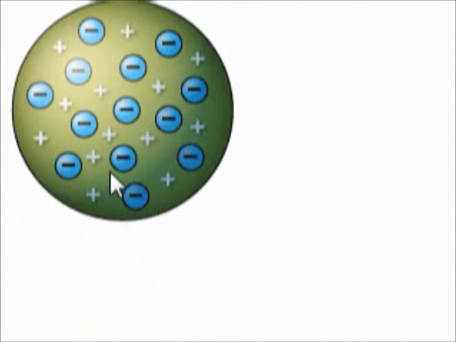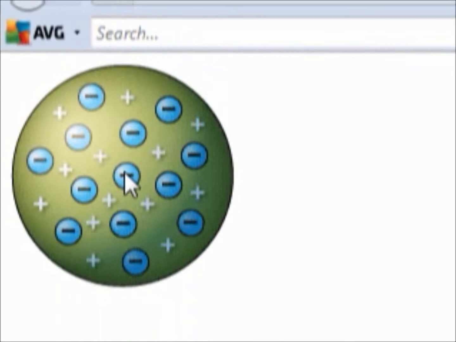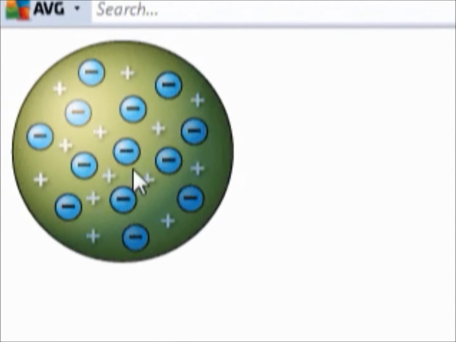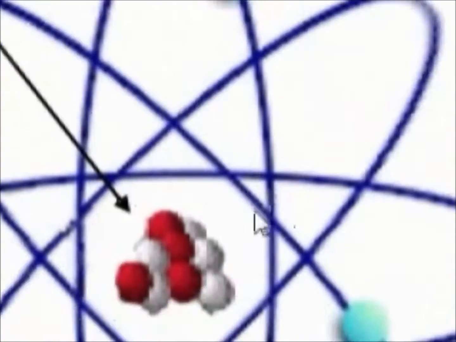Here's Thomson's model. It's like one of the very first ones, but it wasn't really that accurate at all compared to today's model. So you look at this, and you look at today's model again.